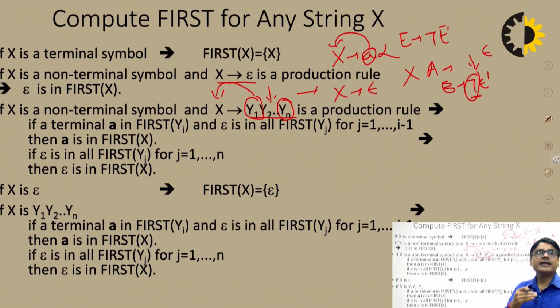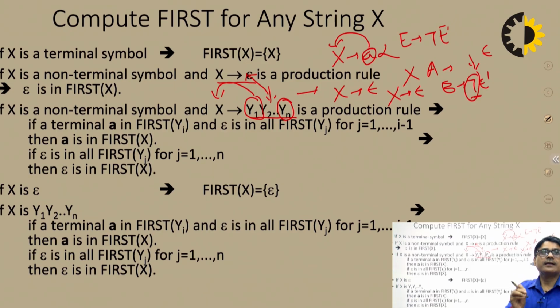So epsilon is added into any left hand side variable only when the whole right hand side derives epsilon exactly. And that is the space of confusion.